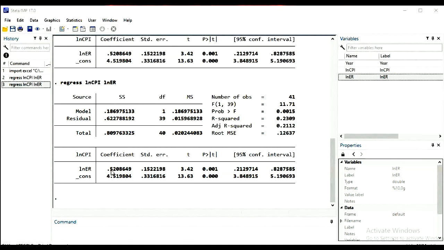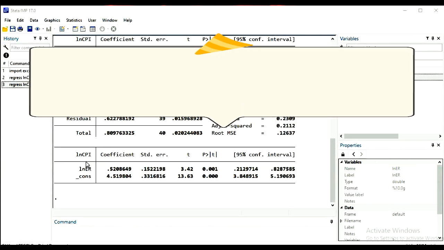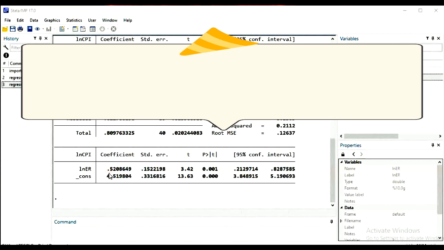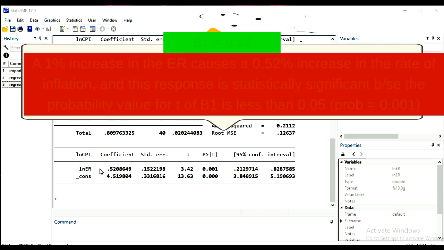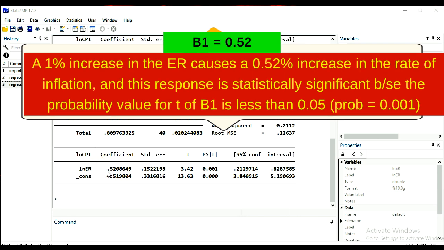As we have said earlier, we can read these results as percentages because both variables were measured in terms of logarithms. So when the exchange rate increases by 1%, the inflation rate will increase by 0.52%.